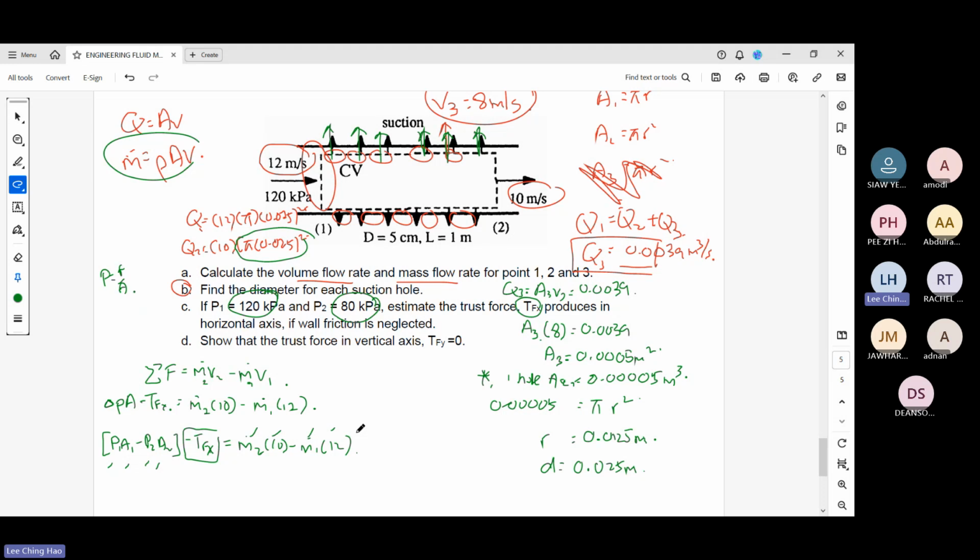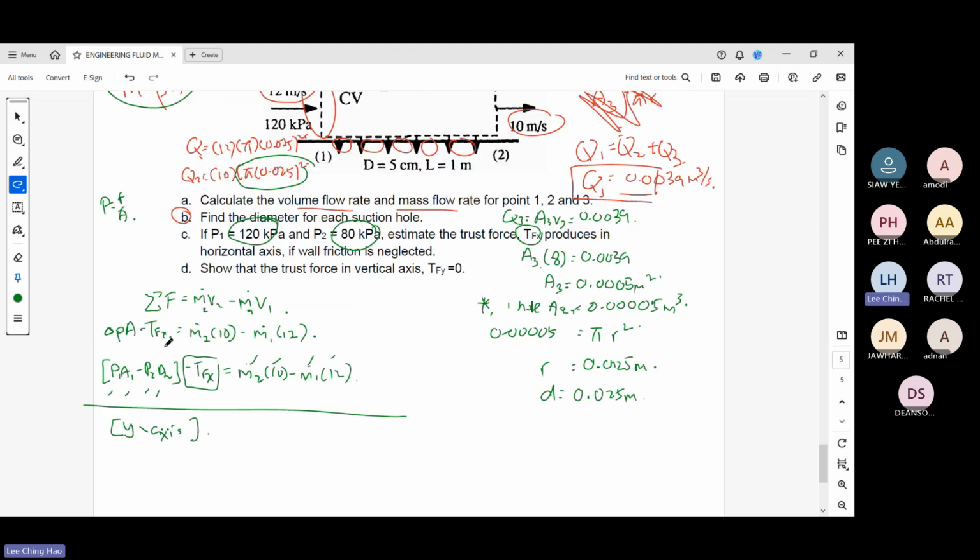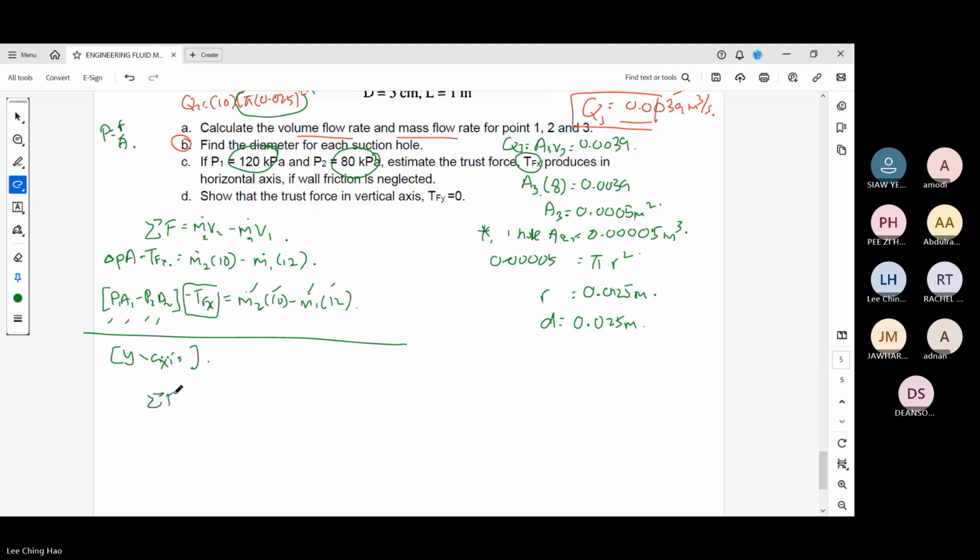Then again for D, they already mentioned to show that Fy is 0, definitely 0. So you need to explain why it will be 0. So now for the y-axis, again the same formula.